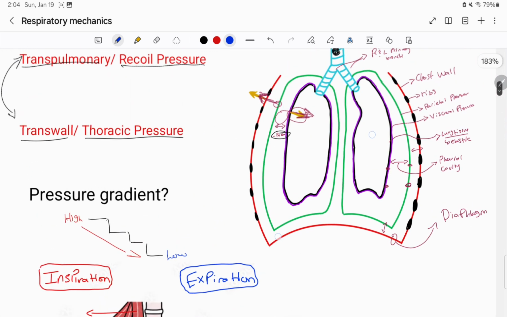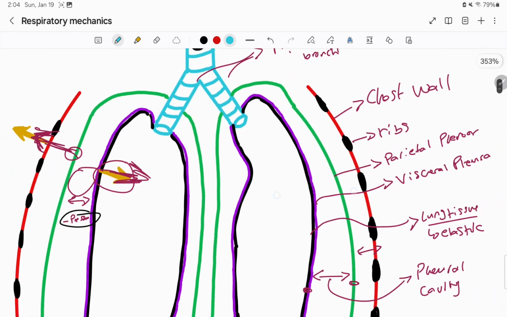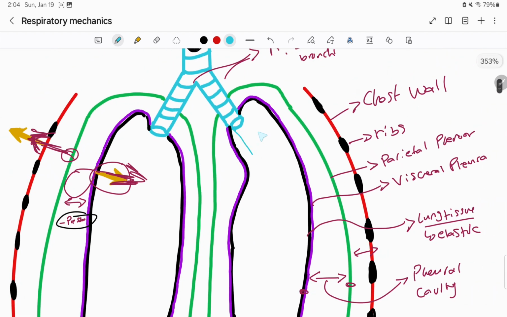Now, the last thing in regards to the anatomy of the lung is, what is the most basic functional unit of the lung? You know that it keeps branching, and that's great, but where does all of that lead eventually? It leads us to these little sacs of air, which are called alveolar sacs.